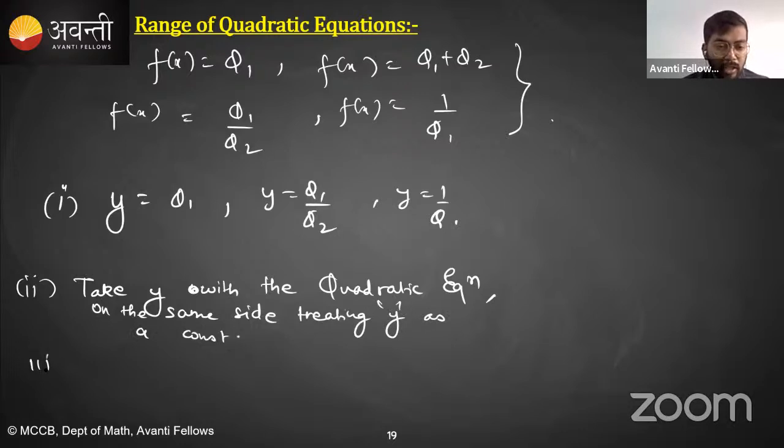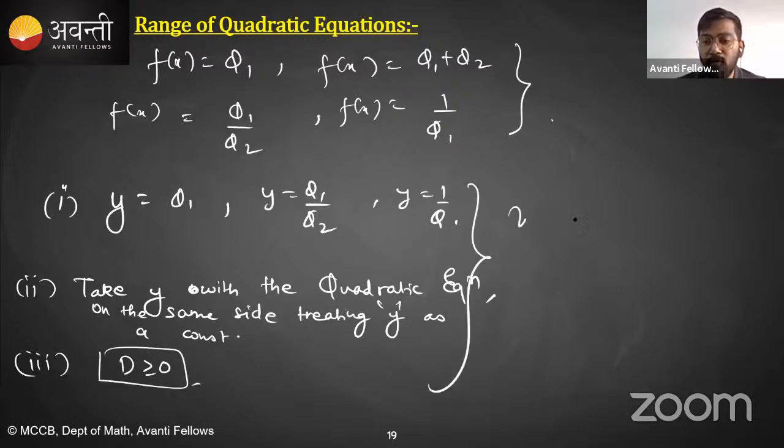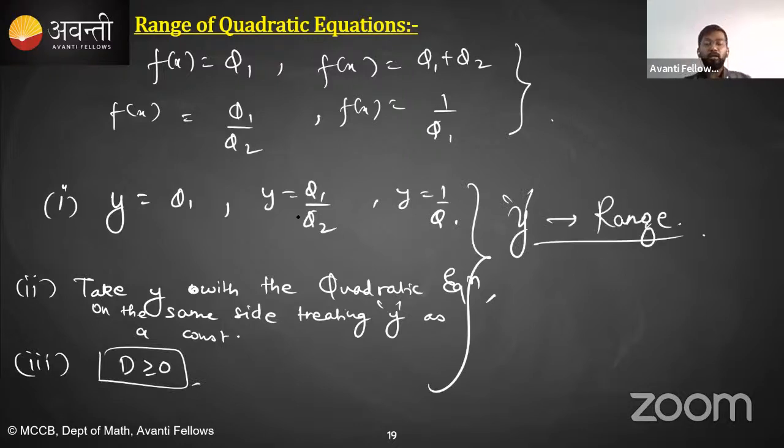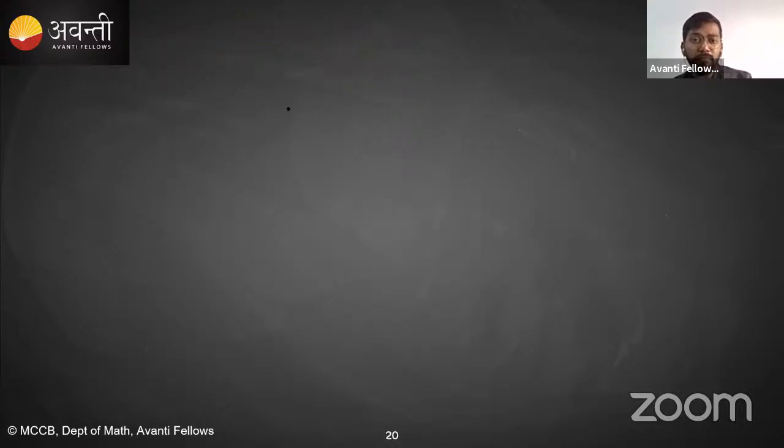Now the third step is use discriminant greater than or equal to 0. So whatever values of y you get, it will give you the range. Correct?